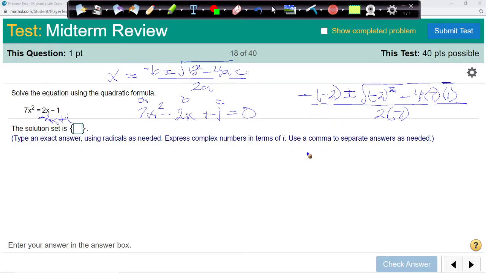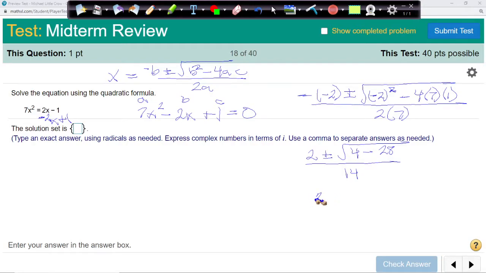Negative and negative make a positive. Negative times a negative, so that gives us 2 in the front. Positive 2 plus or minus, this gives us 4. 4 times 7 is 28, times 1 is still 28, minus 28, all over 14. 4 minus 28 is negative 25.